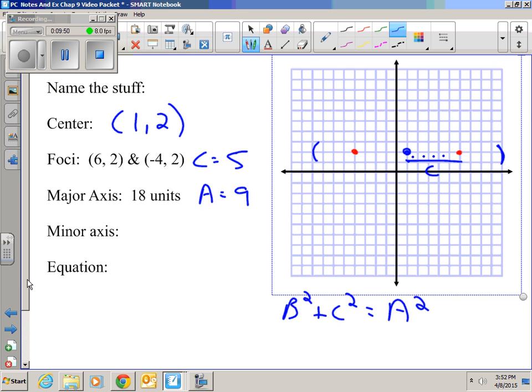B squared is what I'm looking for. C is 5, so that's 25. A is 9, so that's 81. 81 minus 25 is, Tara? 54. B squared is equal to 54, so that means that B is equal to 3 root 6.